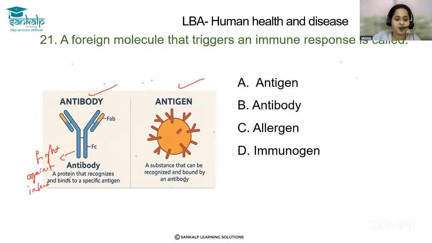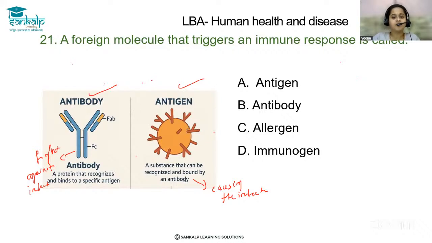The antigen is the substance that actually causes the infection. That's why the antigen is considered a foreign molecule. The foreign molecule that triggers an immune response is going to destroy our cells, so that is the triggering of the immune response.